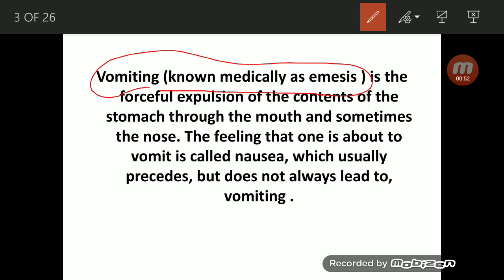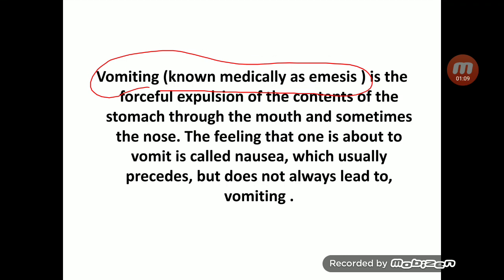But it does not mean that whenever you feel nauseated you are definitely going to vomit. That is not always the case. You may just have a feeling of nausea, and that feeling may not end up in vomiting. So emesis is basically vomiting.